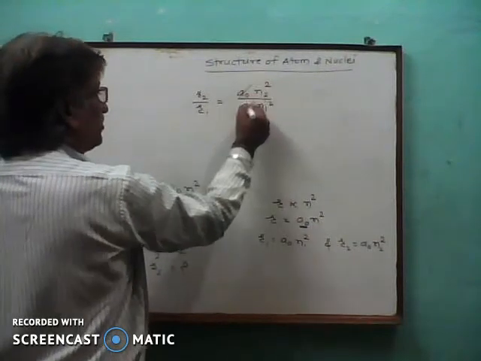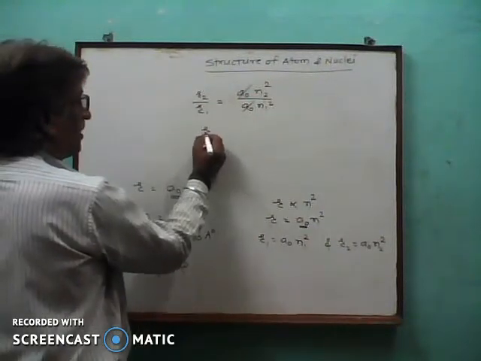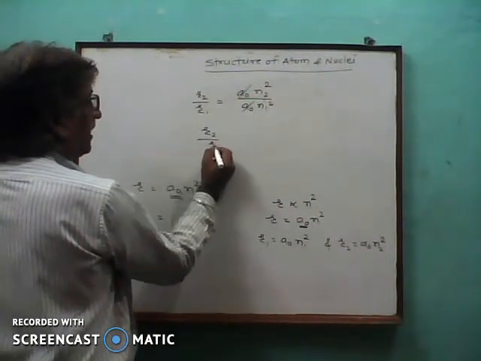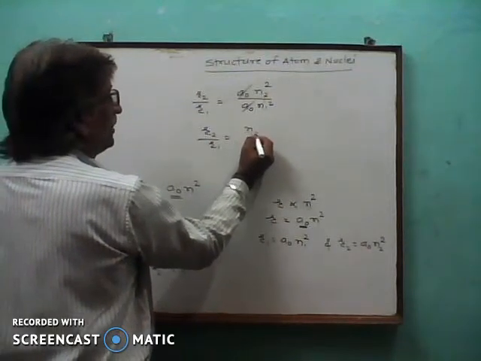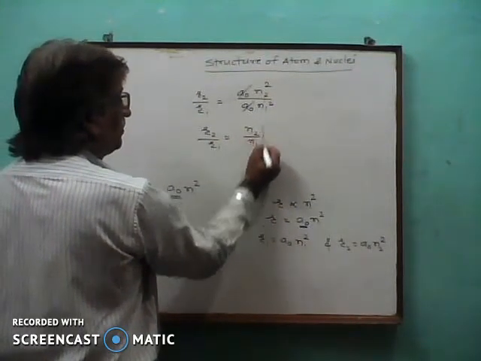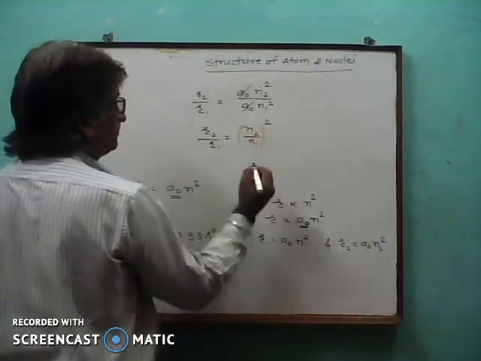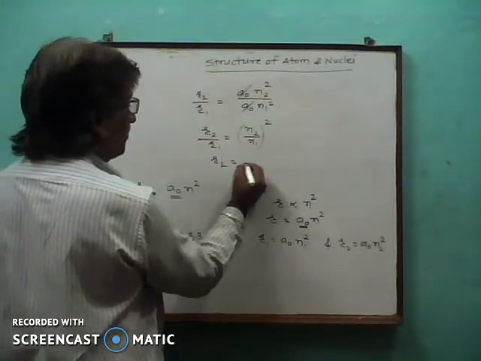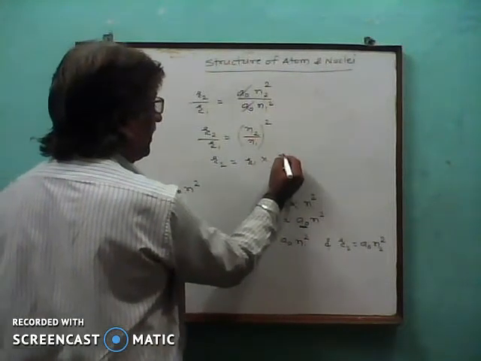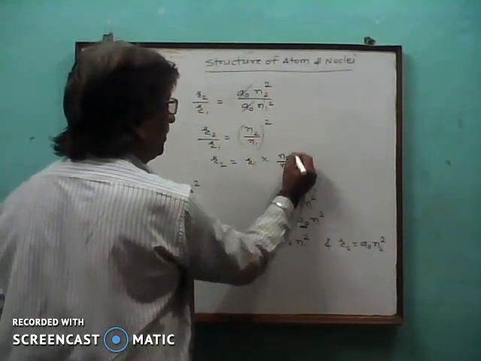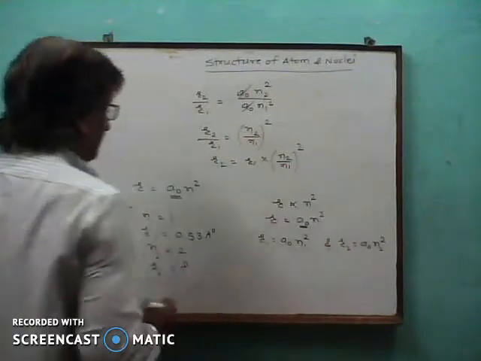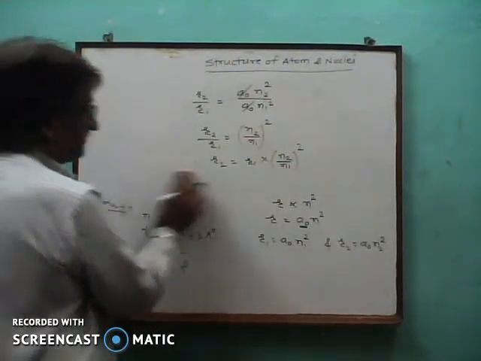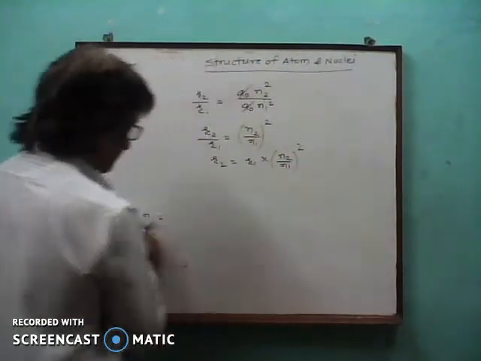What happens? a0 gets cancelled. r2 upon r1 is equal to (n2 upon n1) whole square, or r2 is equal to r1 multiplied by (n2 upon n1) whole square.